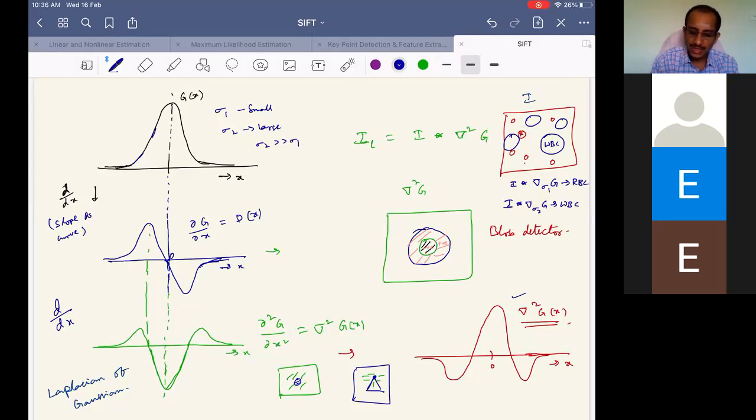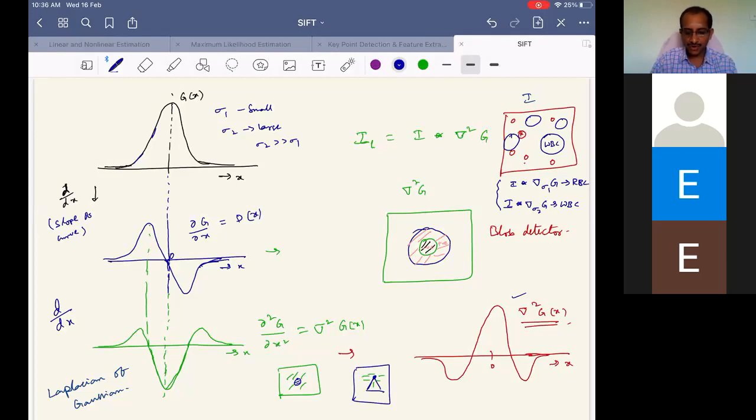So this has the flexibility to extract features at different scales, the blobs at different scales, or even the corners at different scales. That is the beauty of this. The earlier methods don't scale up very easily, or to see the image at different scales or different resolutions.